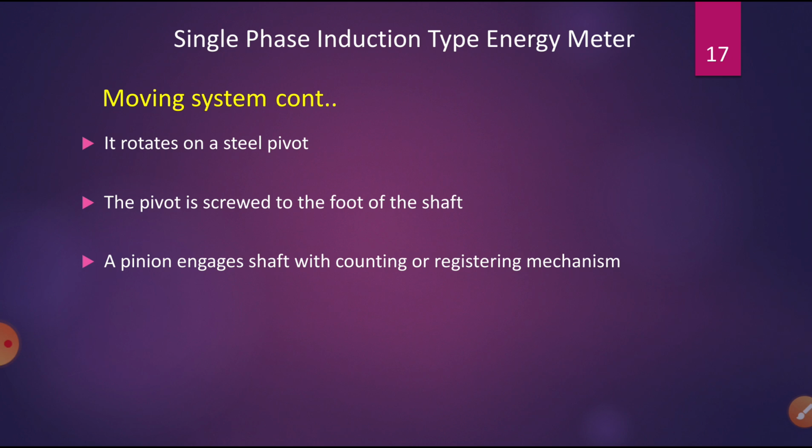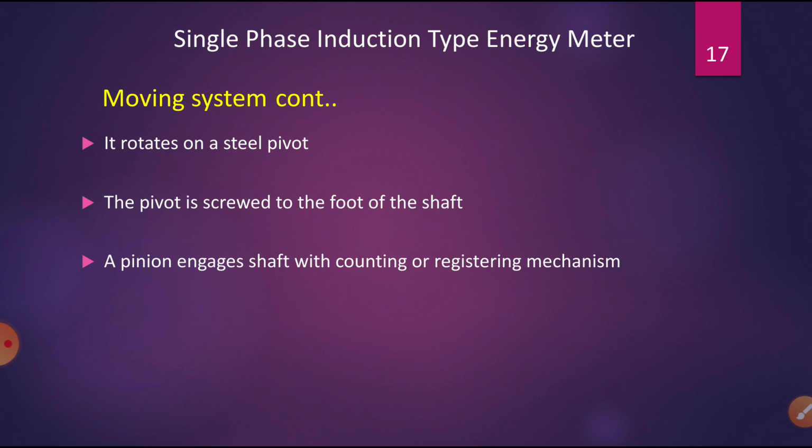Every vehicle requires brakes, otherwise there is a possibility of accidents. Similarly, our driving system, that is the moving system, also requires a braking system. That is nothing but a controlling torque. The controlling torque is required. The damping torque is also required, to oppose the deflecting torque. That is the braking system.